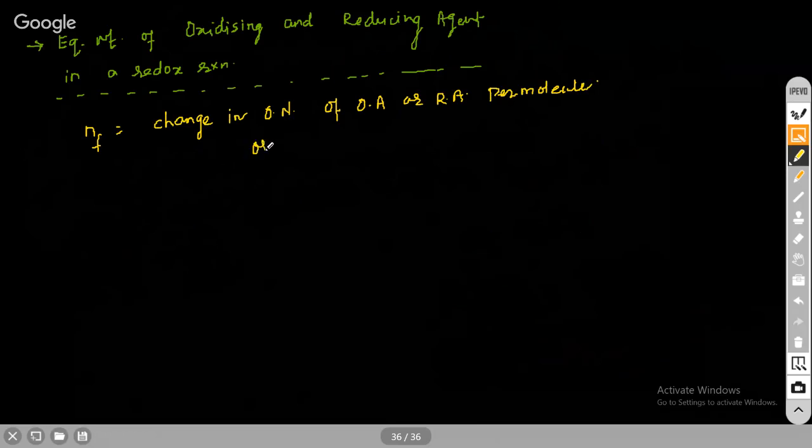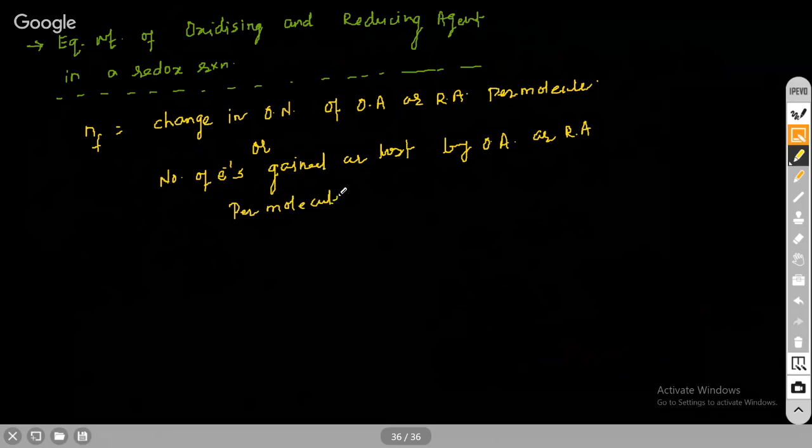Or we can also write it another way: the number of electrons gained or lost by the oxidizing agent or reducing agent per molecule. This is the formula we have.